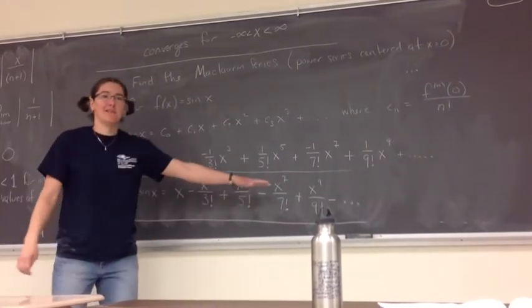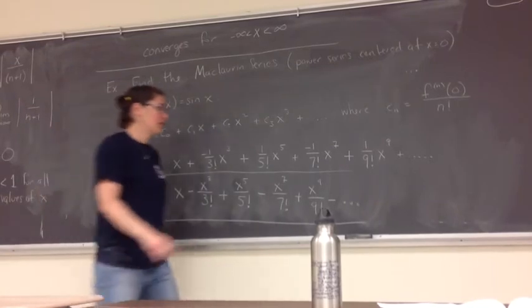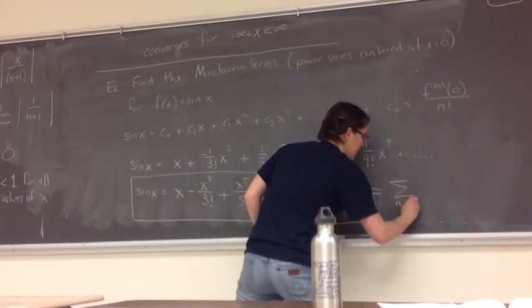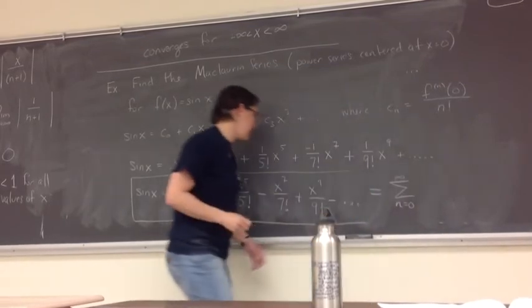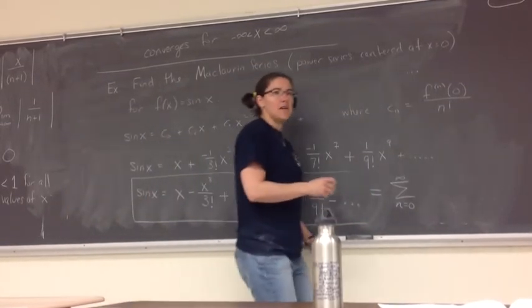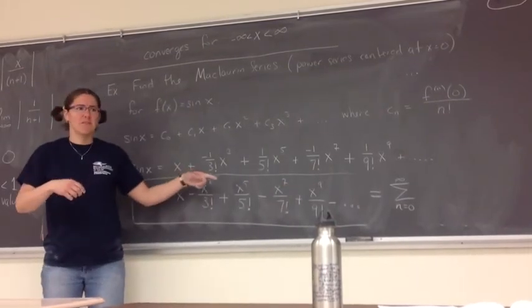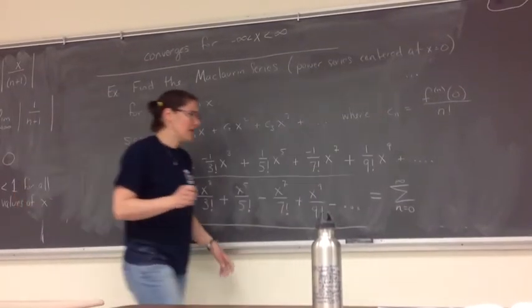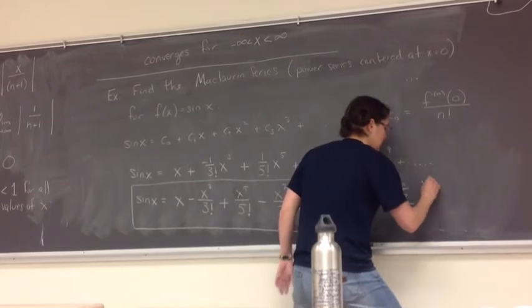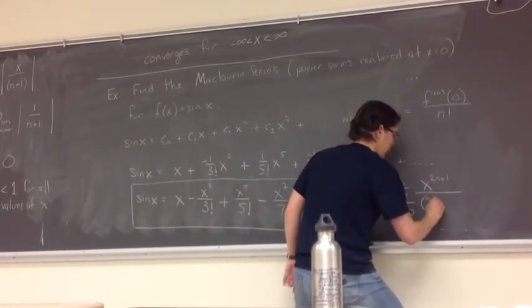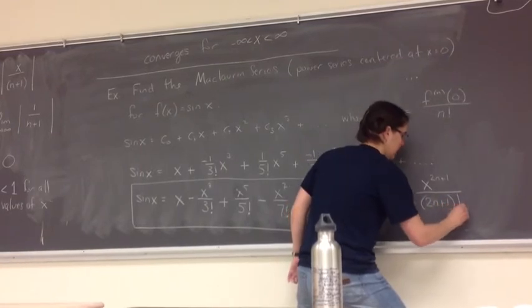And if I want to write this in compact summation notation, then this series looks like the sum where n goes from 0 up to infinity. And I only want the odd numbers, so I want to skip every other power. So I'm going to look at this as x to the 2n plus 1 divided by 2n plus 1 factorial.